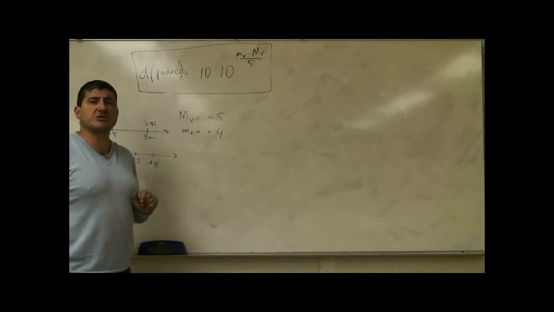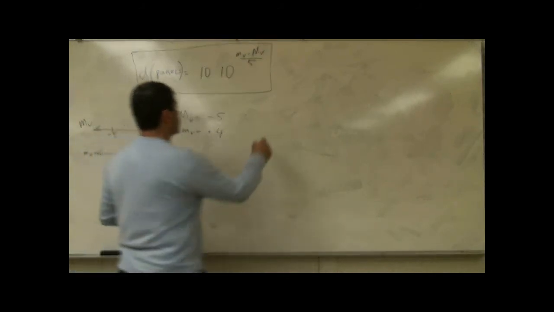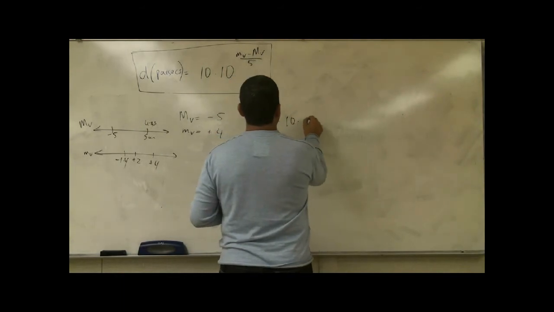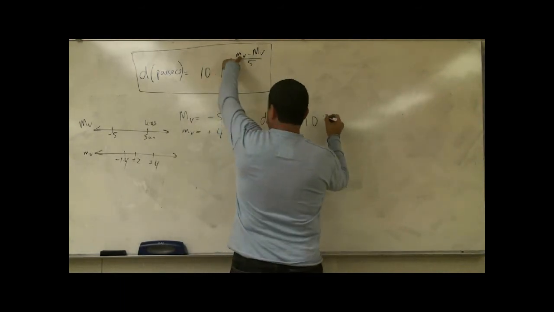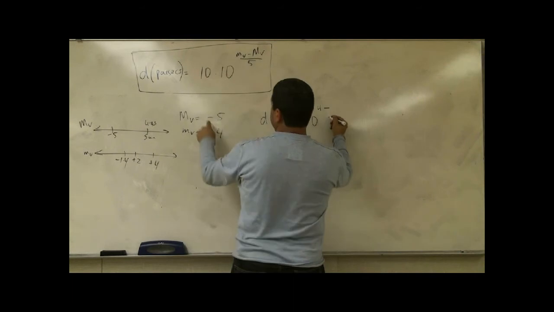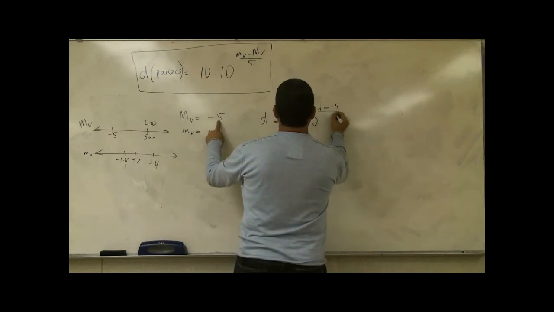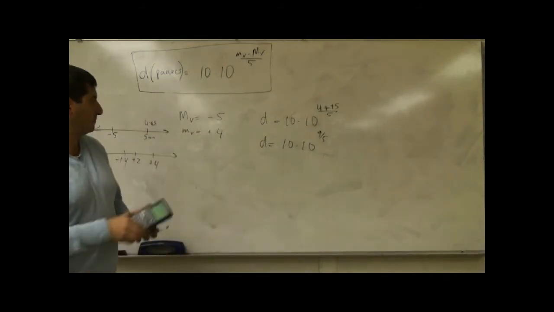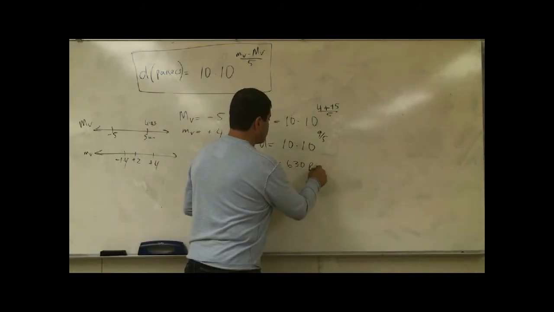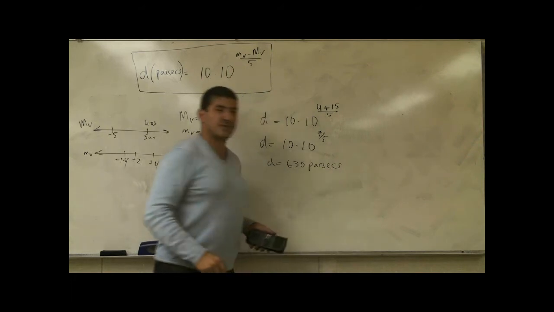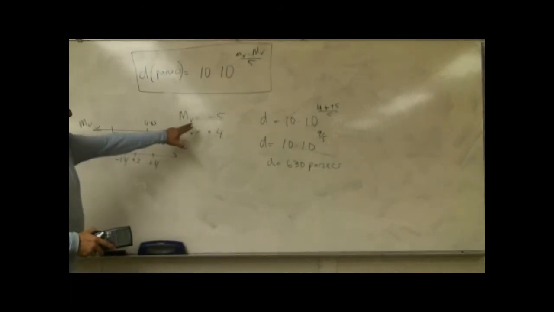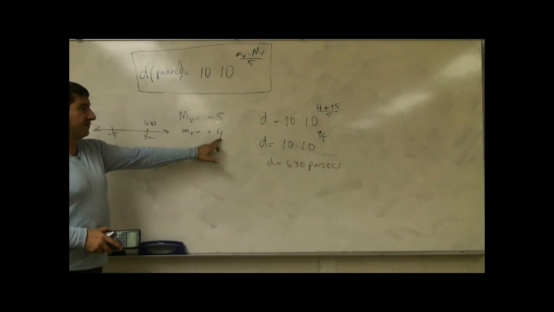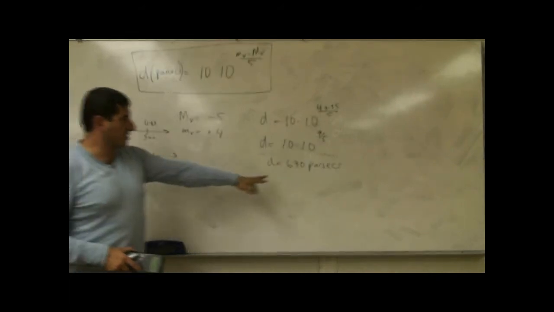So how far away would that star be? You can say d is 10 times 10 to the (4 minus -5) over 5. Okay, what is that going to be? 630 parsecs away. So if the star is absolute -5, apparent +4, it's 630 parsecs.